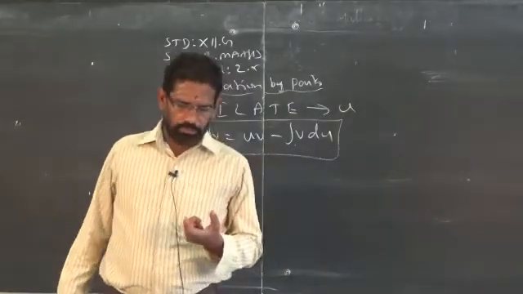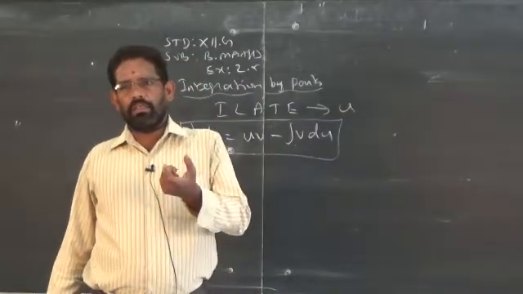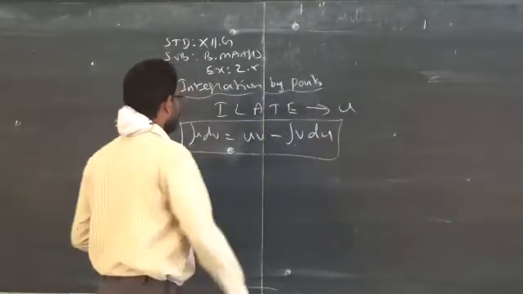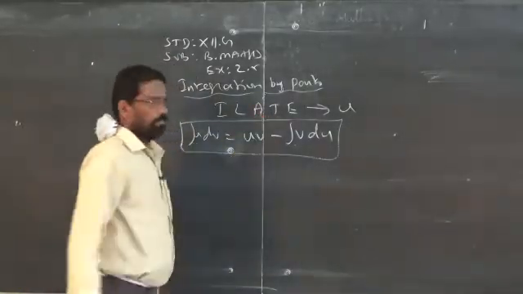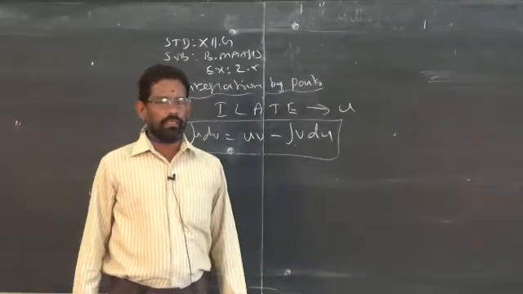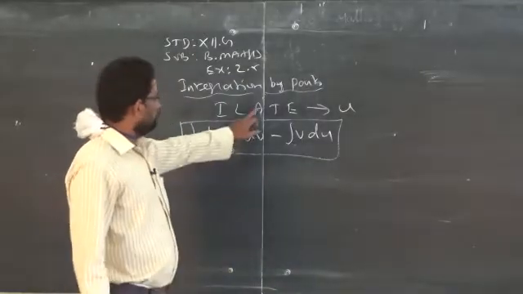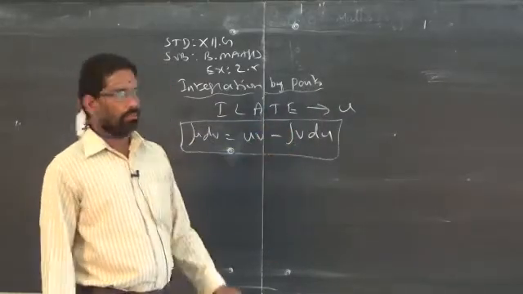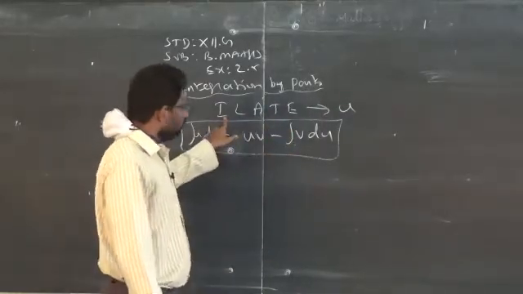Any factor consisting of log, that log x is considered as U. Similarly, A is algebraic expressions. If there is any algebraic expression in the integrand, you consider that as U. T is trigonometric ratio. This is entirely different from inverse functions.